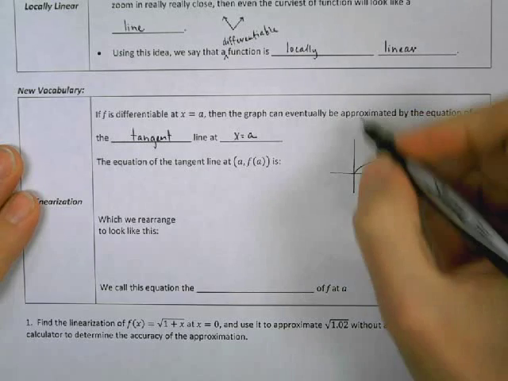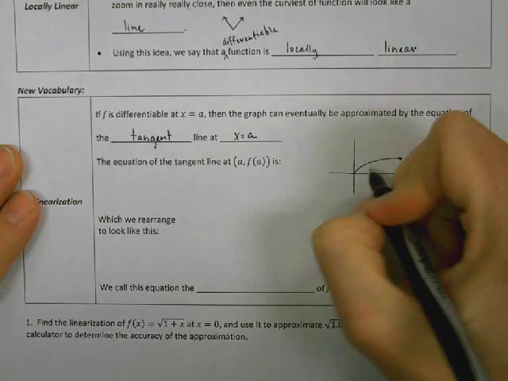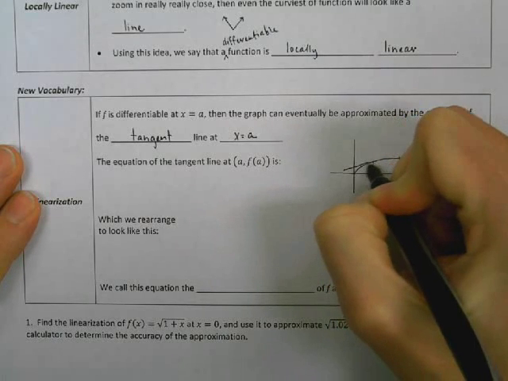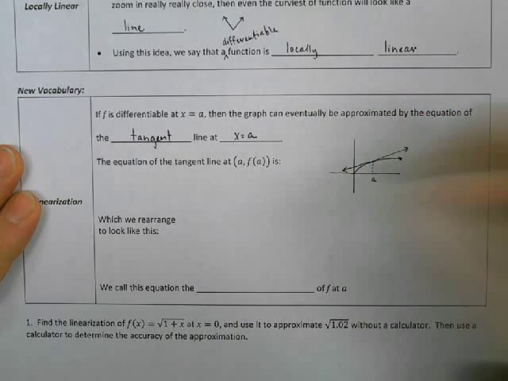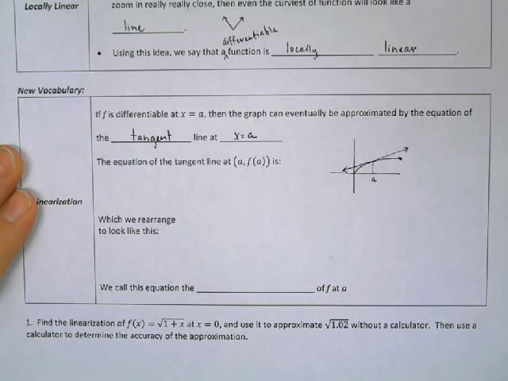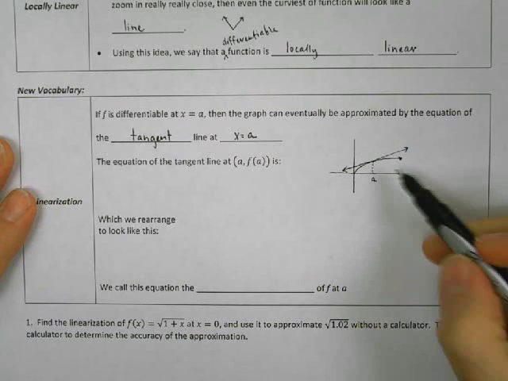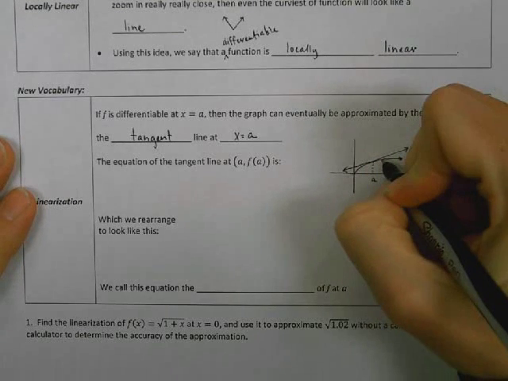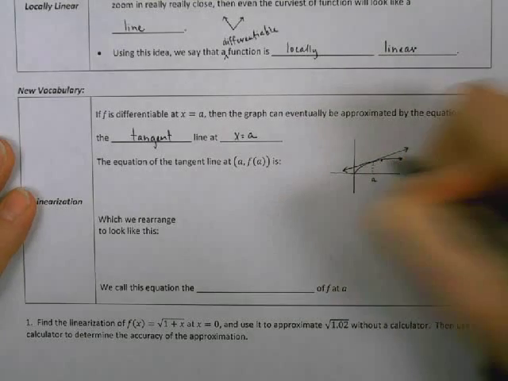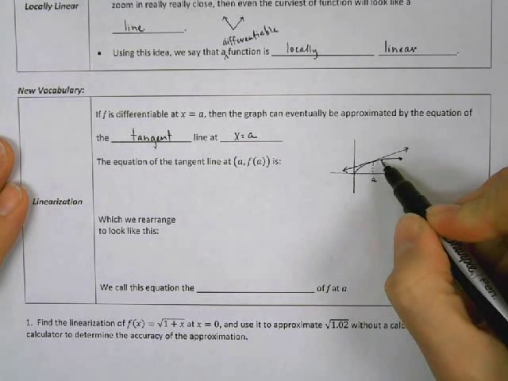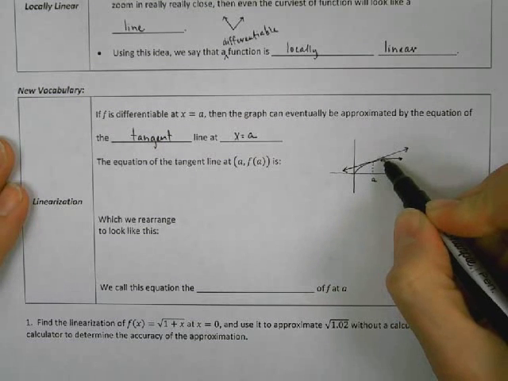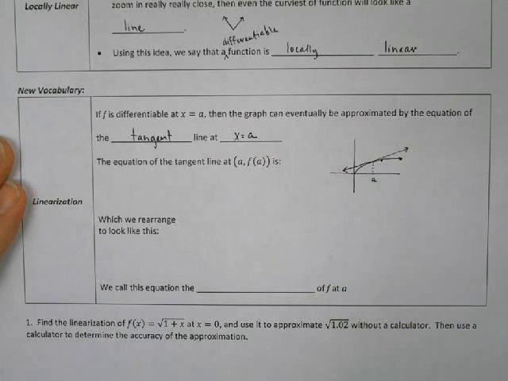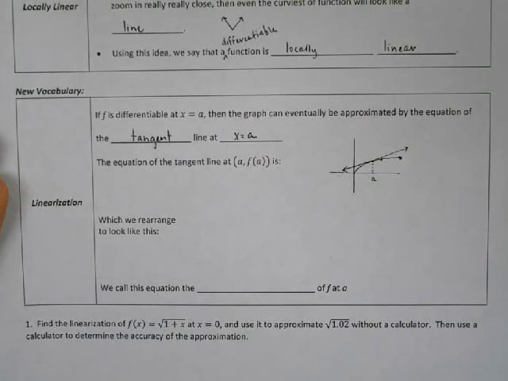Let's say that I have my tangent line here at x equals a. If I want to approximate the value of a function at a point close to a, so let's say I want to evaluate or approximate the value of the function at this point, I can use the tangent line because for points really close to a, that tangent line is going to give me a good approximation of that value.